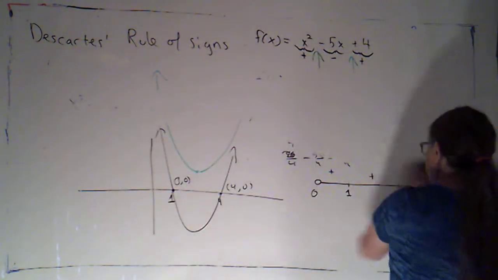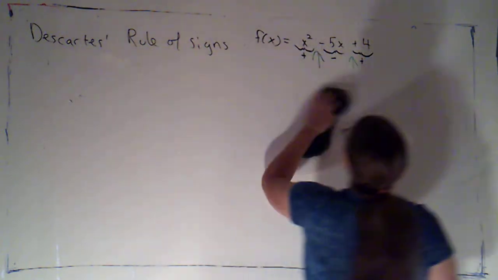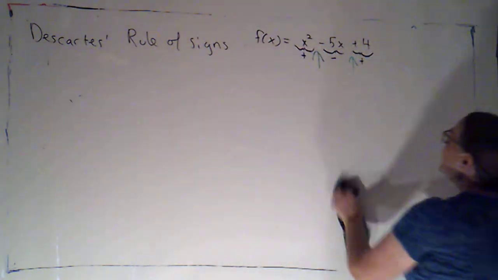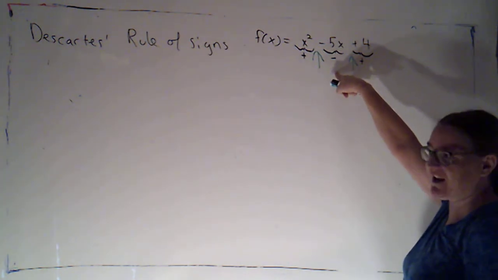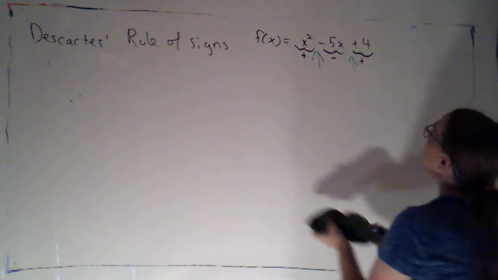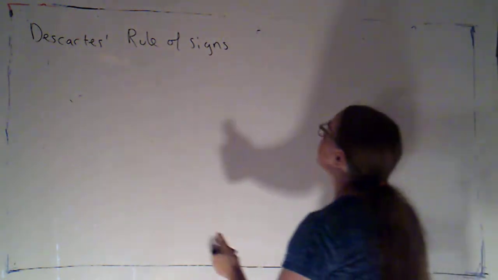Now, for the negative zeros, we're supposed to look at f of negative x. Now, we said this one, if I plug in negative x, we get no sign changes. But let's look at a slightly different polynomial.